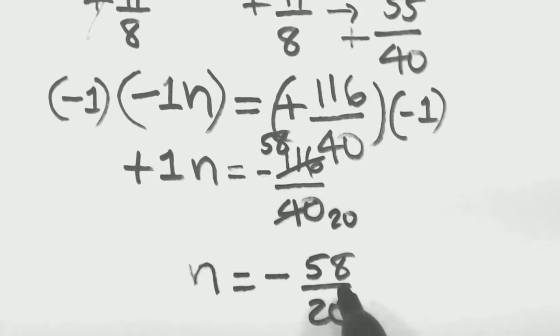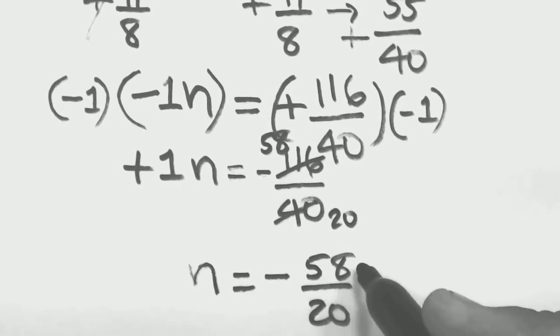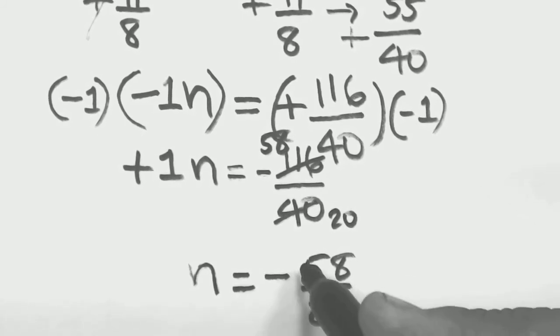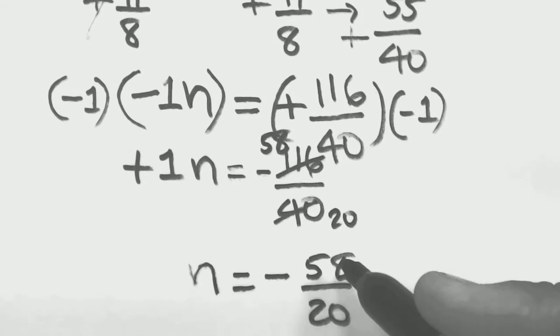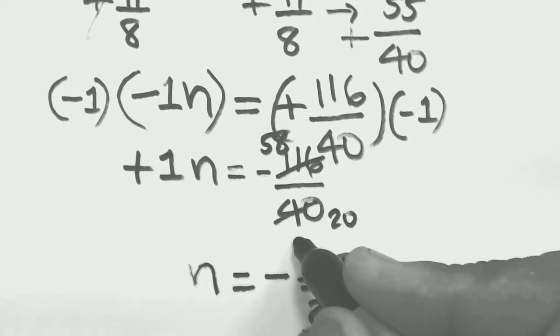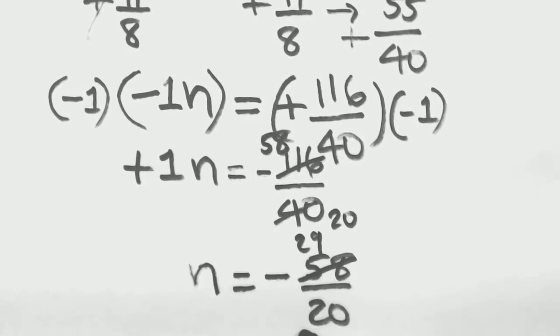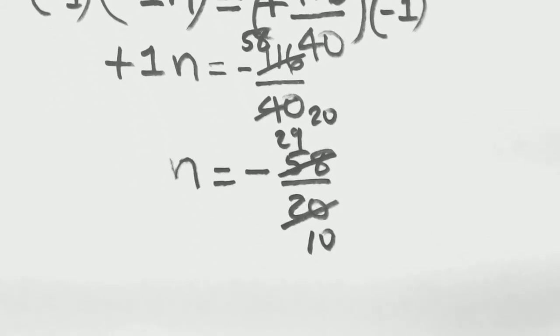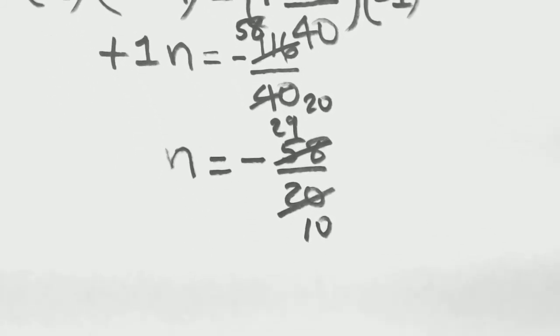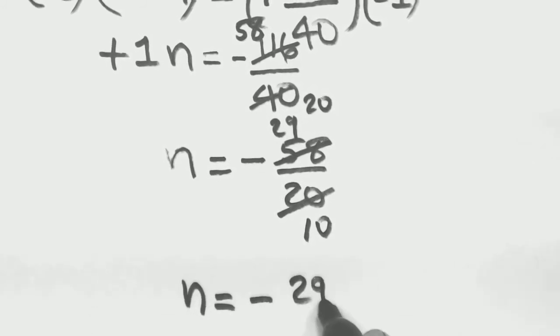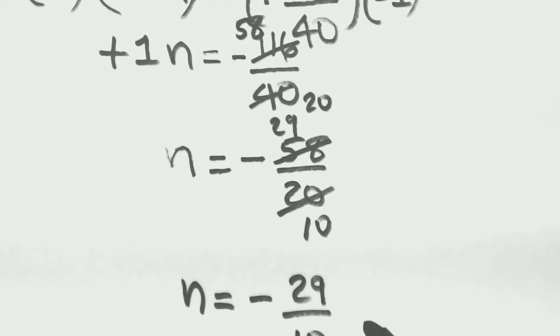Well, guess what? This can be reduced further, and you've always got to reduce as much as you can. Since they're both even, let's reduce by 2 again. 2 goes into 58 29 times. 2 goes into 20 10 times. So now my answer is n equals negative 29 over 10.